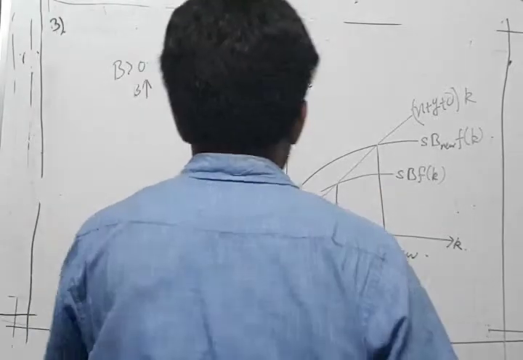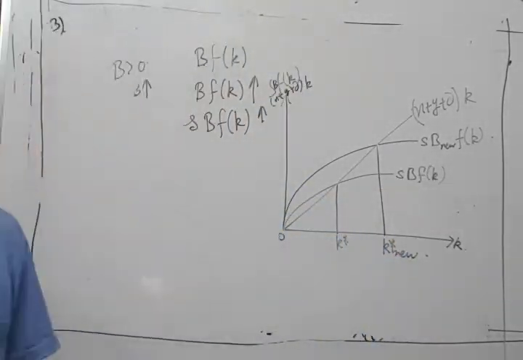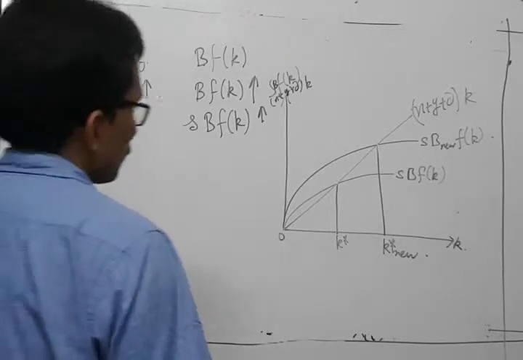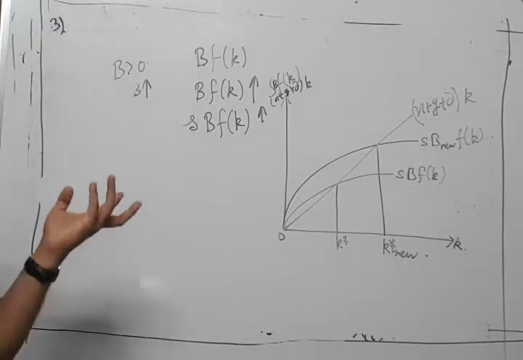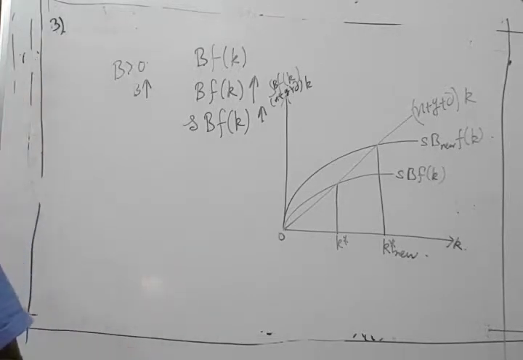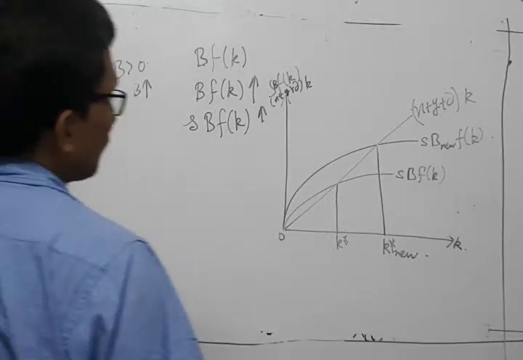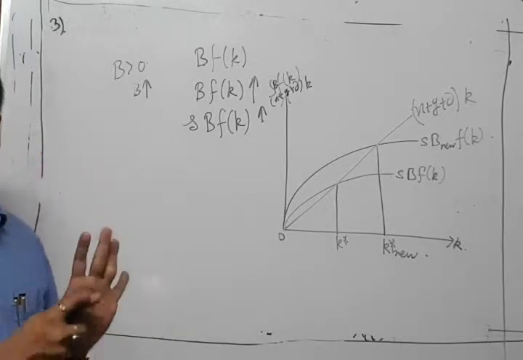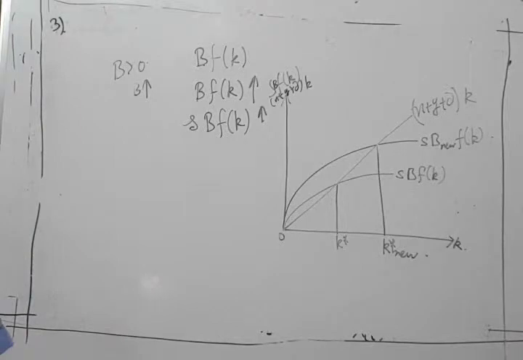So if there is an increase in worker effort, then the per unit investment will also rise, and it will lead to a much higher level of capital per unit of effective labor in the economy, given that the break-even level of investment remains unchanged.